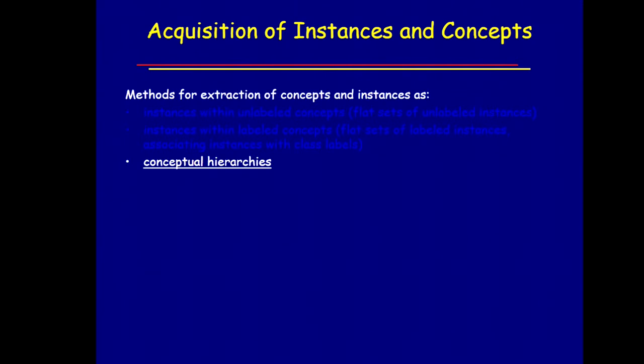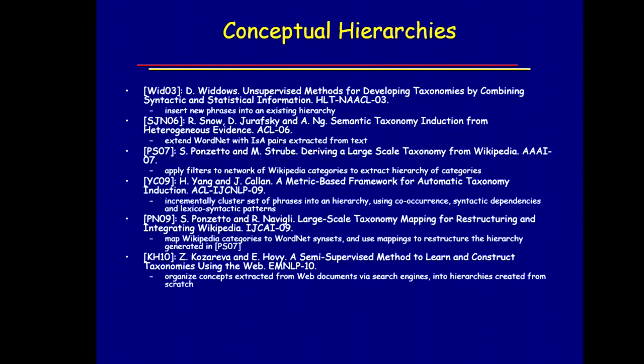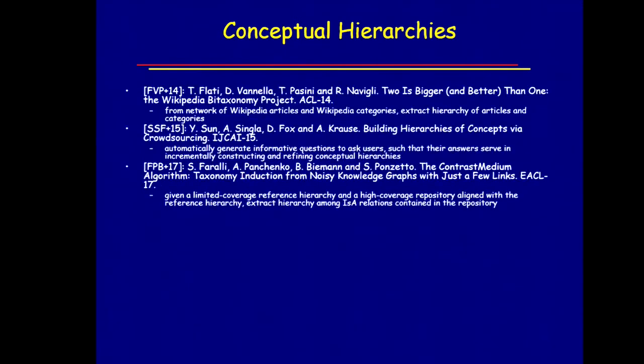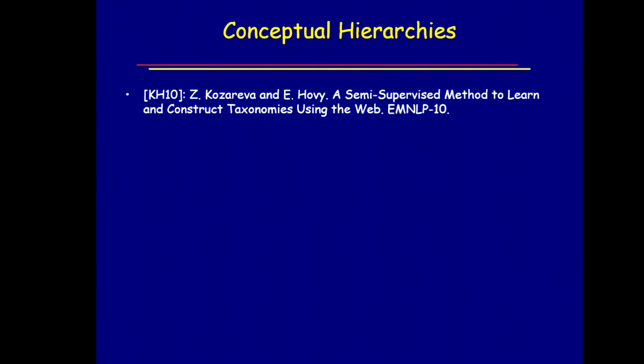How do you take this flat set of ISA relations, Google search engine, Yahoo search engine, Melbourne city, and so on, and organize all these pairs into a hierarchy that would make sense? I listed some work here, but we'll be looking at, I think, three representatives for three kinds of work in this space.